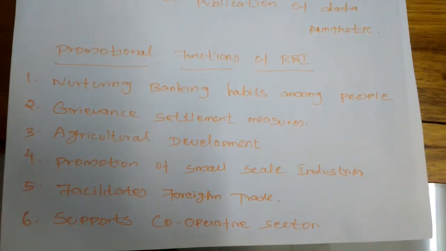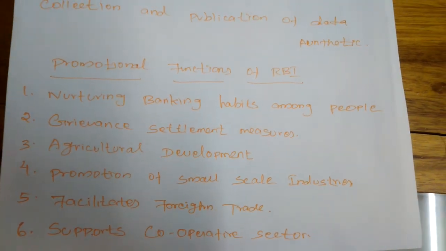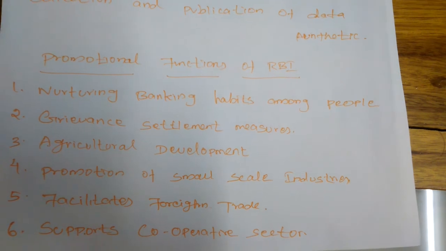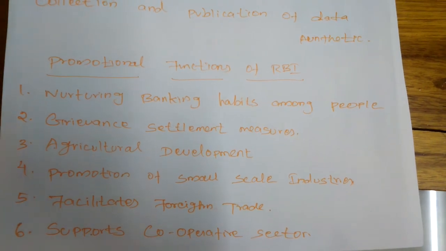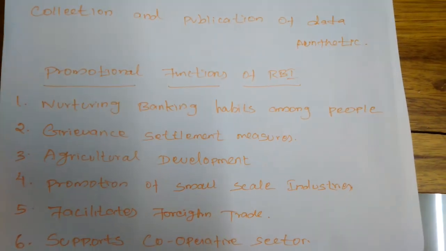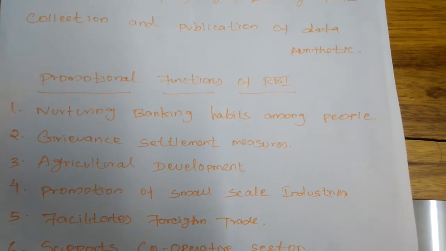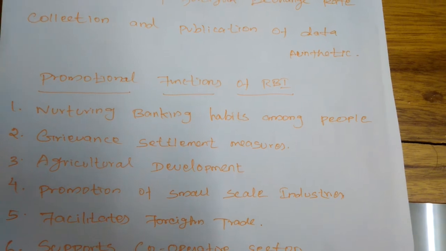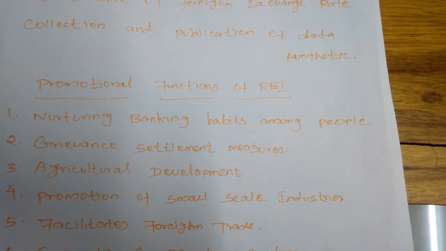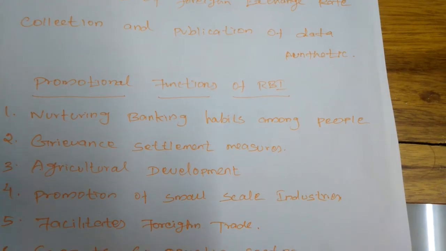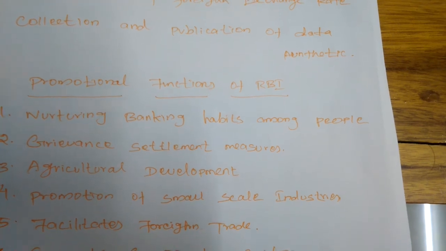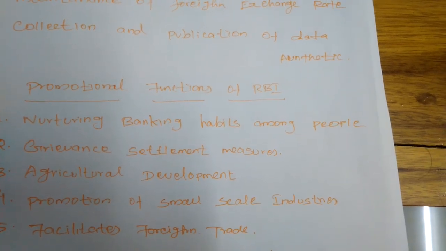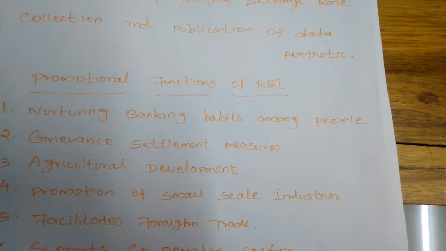Normally, if they have some amount of money in their hand, it is considered idle money. So the bank also created saving habits among the people by providing different rates of interest, different services and some concessions.